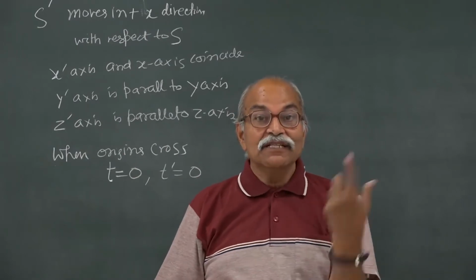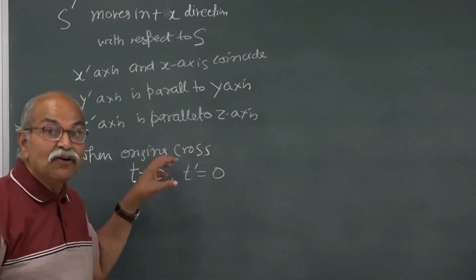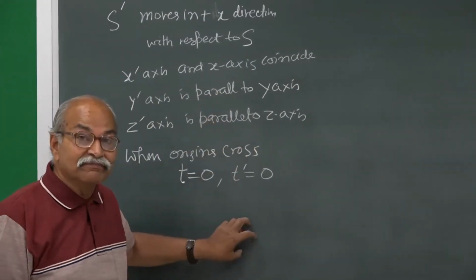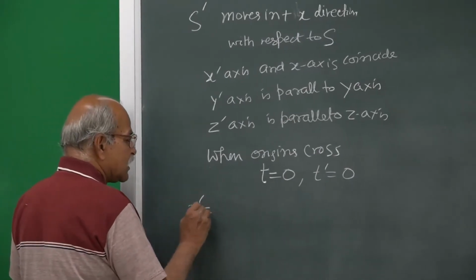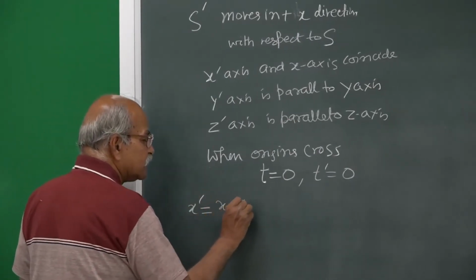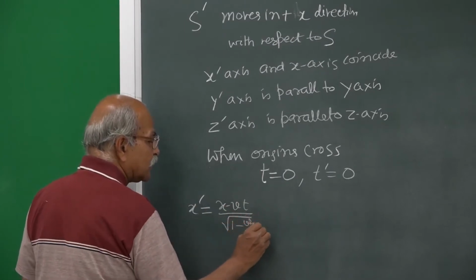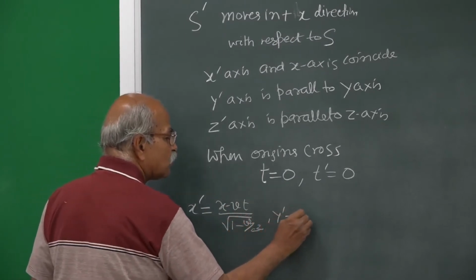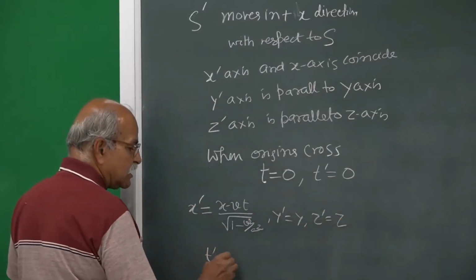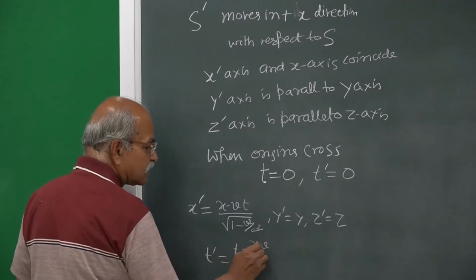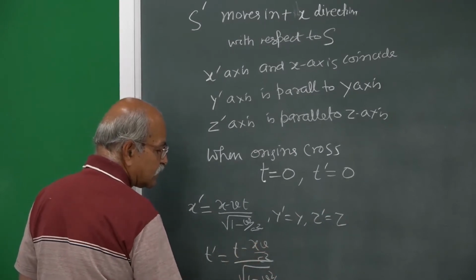So, the Lorentz transformation equations that we had written will not have that form, right. The Lorentz transformation equations were x prime equal to x minus vt, y prime is equal to y, z prime is equal to z, and t prime is equal to t minus x v by c square, divided by square root 1 minus v square by c square.